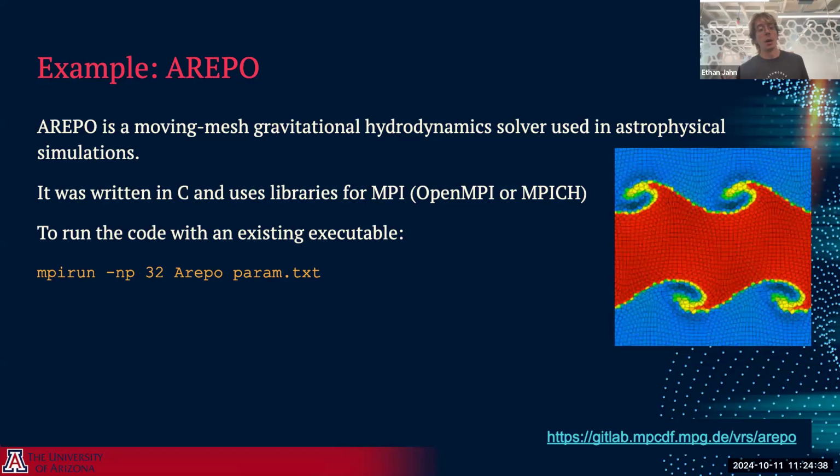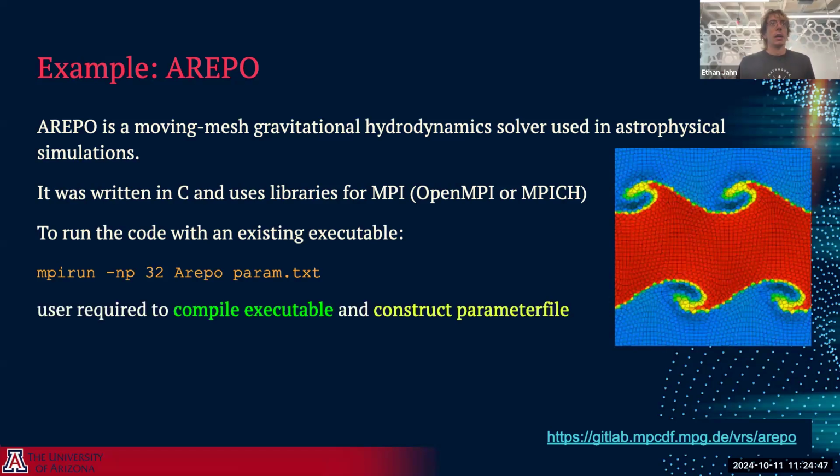This is a very common workflow for running code that has already been implemented using MPI. So on the user side, it is required for you to compile that executable and to construct the parameter file. So this, of course, varies widely depending on the exact nature of the program that you're using.